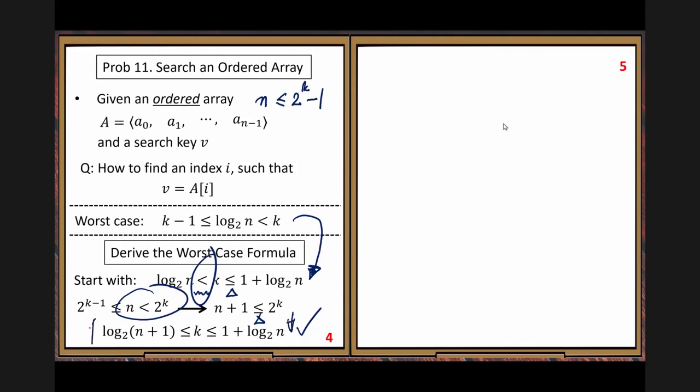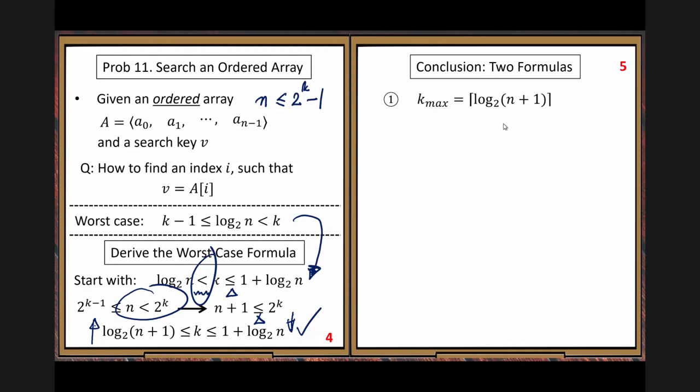Left-hand side, rounded up. Make them closer to the destination integer. So our final conclusion is here. Conclusion: two formulas.